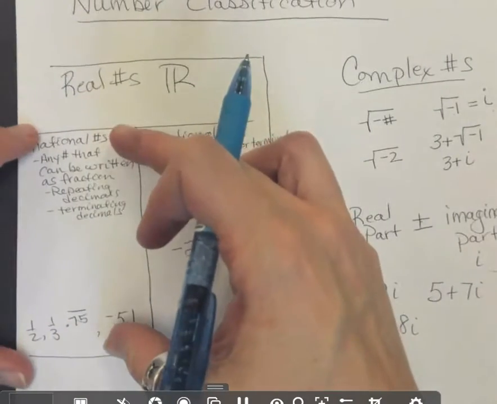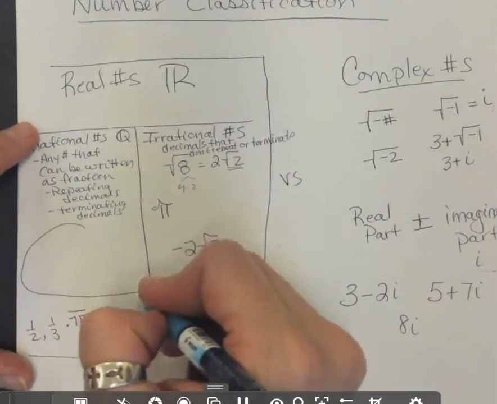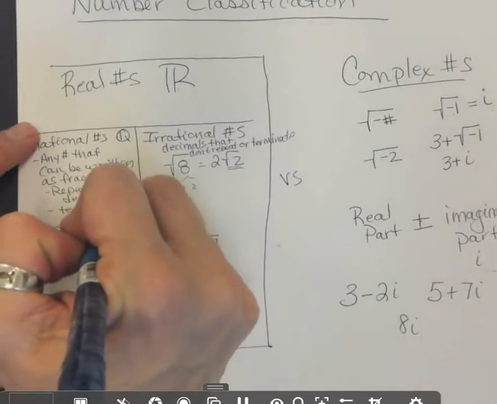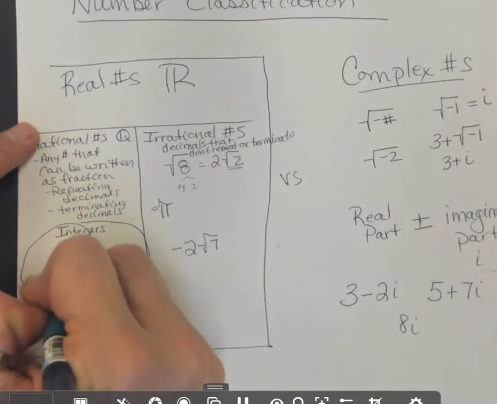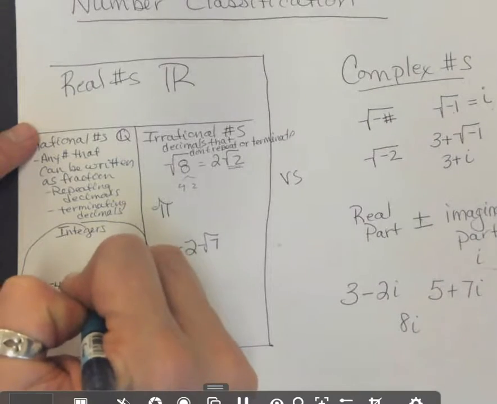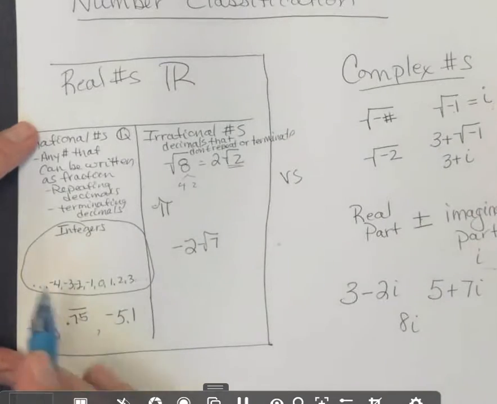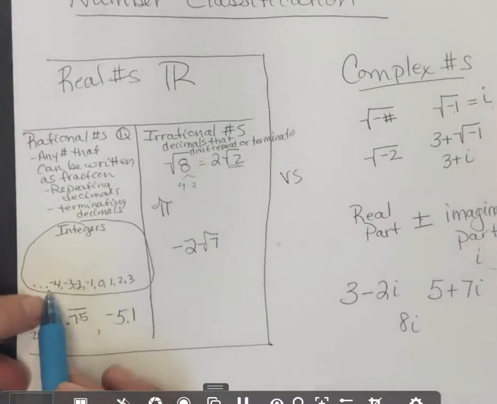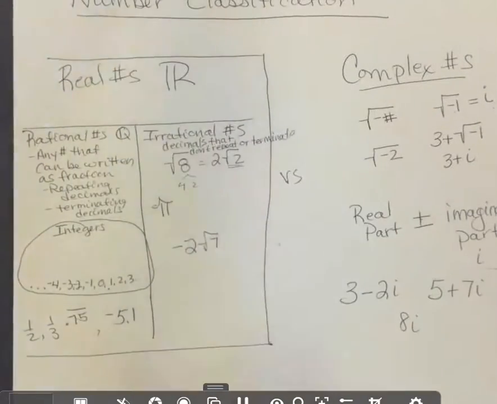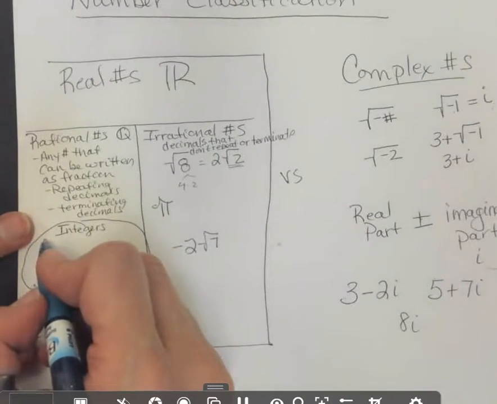Well, of the rational numbers, we have some special numbers called the integers. Now, our integers are things like -4, -3, -2, -1, 0, 1, 2, 3, and so on. They're positive and negative whole numbers. Now, these positive and negative whole numbers can be written as fractions, so they are also rational. They're also real. Within the integers, we have something called whole numbers.